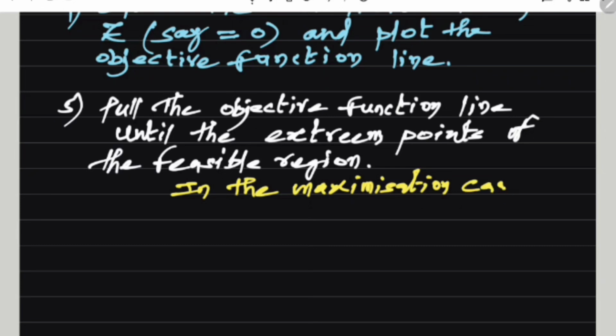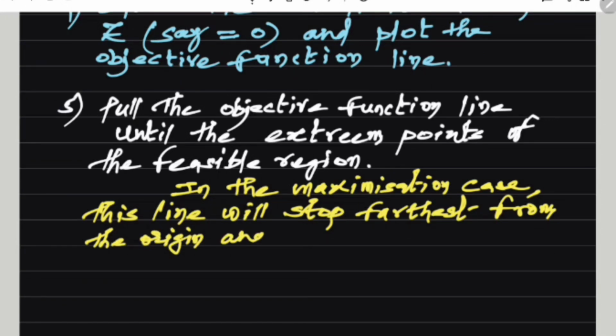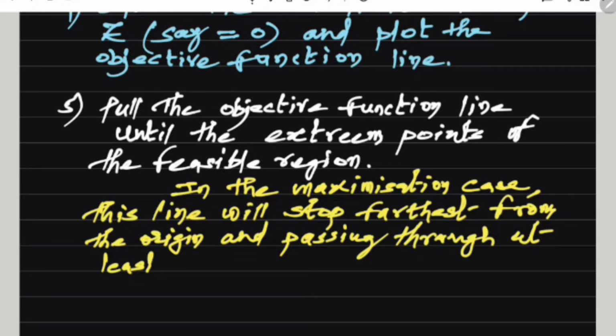In the maximization case, this line will stop furthest from the origin. We have to consider the furthest point for maximization case, passing through at least one corner of the feasible region.